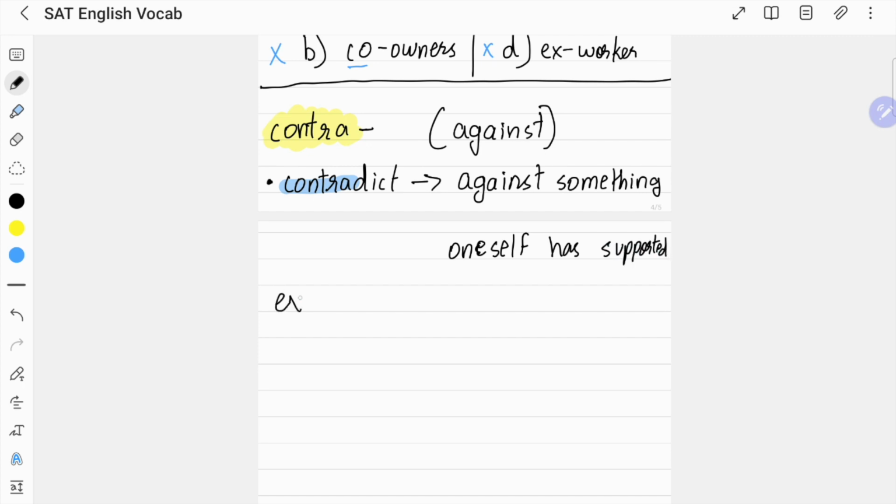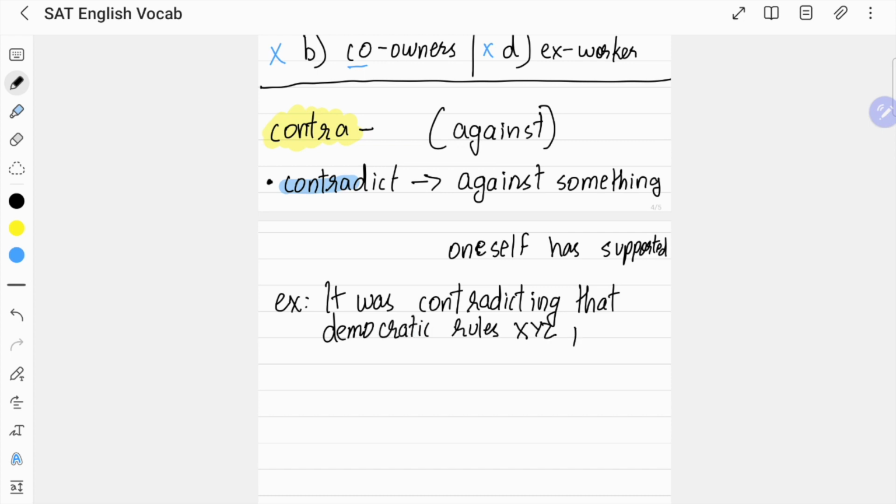We'll take an example. It was contradicting that the democratic ruler practiced unfair means to win the election.